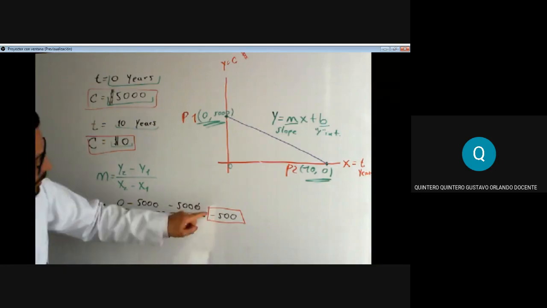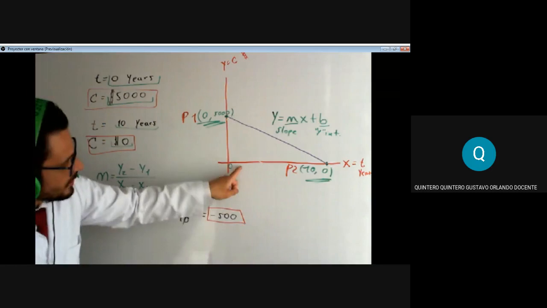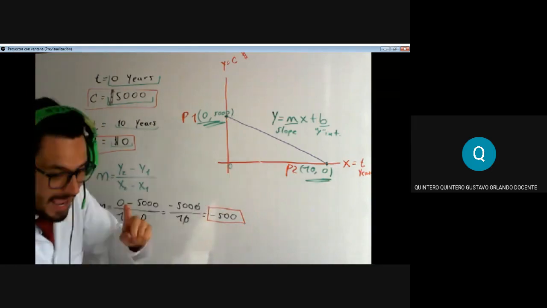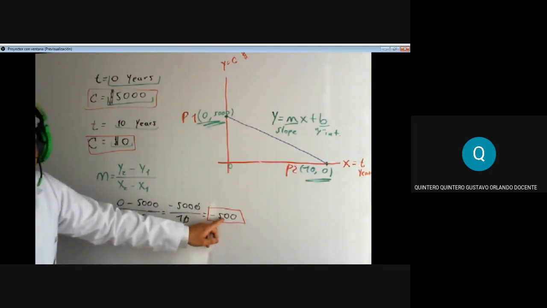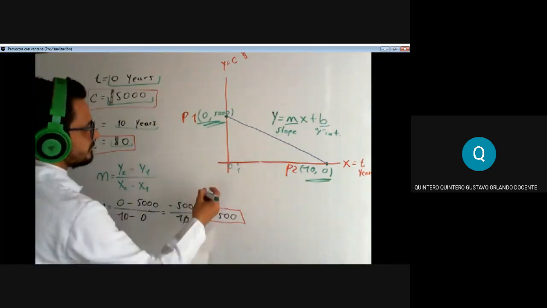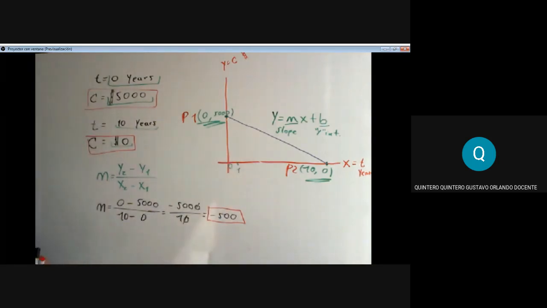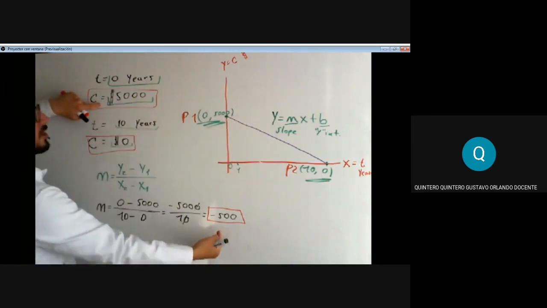All right. This 500 means that every single year, by year 1, year 2, year 3, the machine costs 500 less. So by year 1, what will be the price of our machine? Okay, so our machine was 5,000 at the beginning, and 1 year has passed.